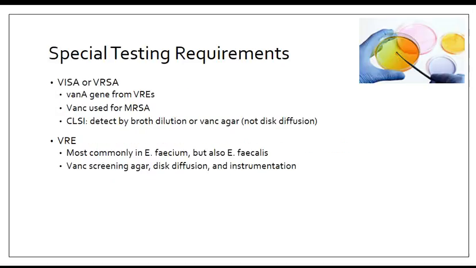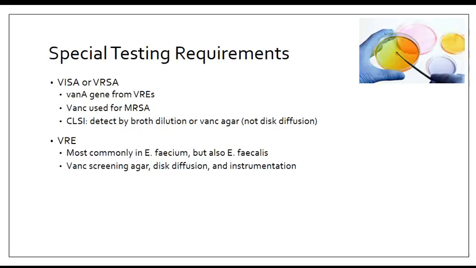Okay, VISA or VRSA. The vanA gene from VREs somehow was transmitted to the MRSAs and has caused VRSAs to occur. Now, there haven't been too awfully many, but we still have to check for these. So not only do we check for oxacillin resistance in Staph aureus species, we check for vancomycin resistance.